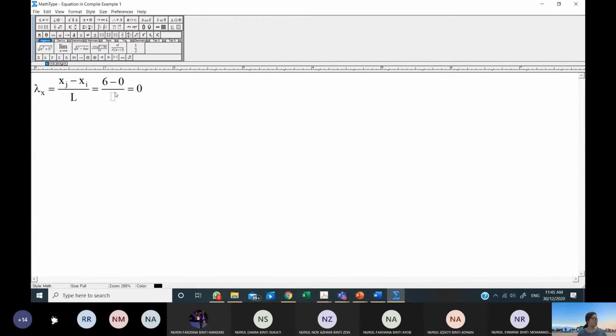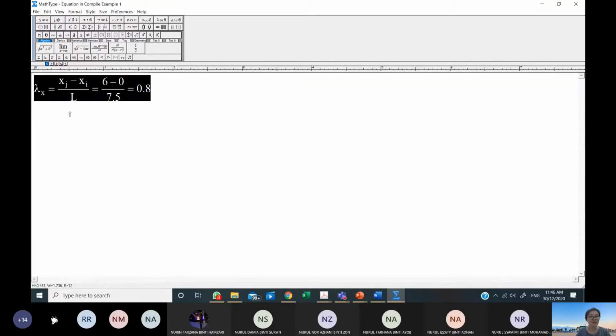What is the length of element 1? 7.5. All right, correct. So what is your lambda x now? 0.8. Yes.